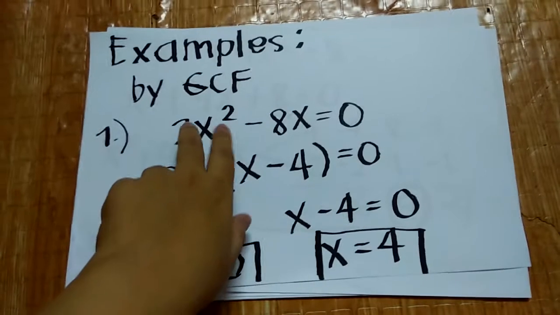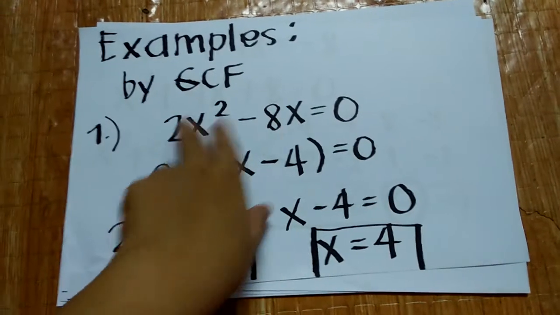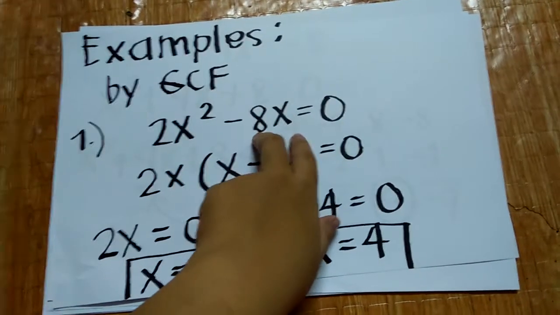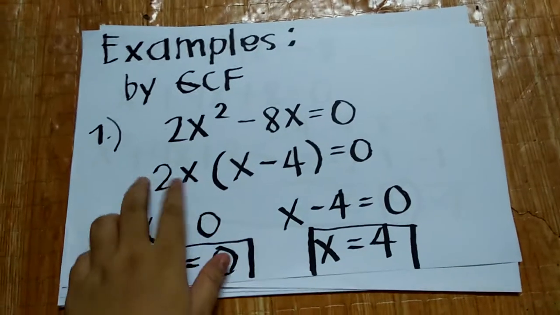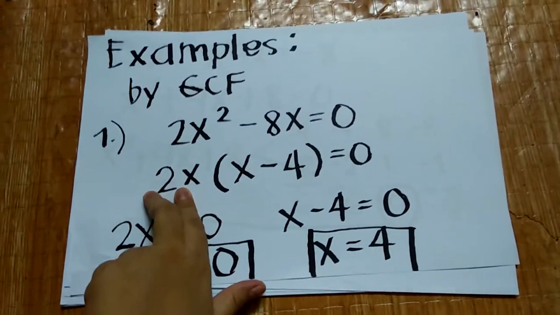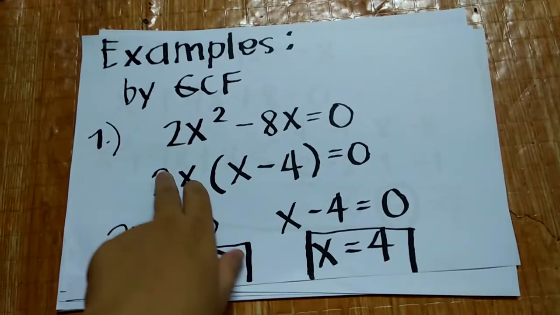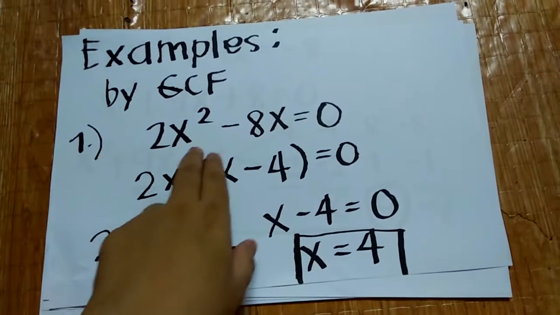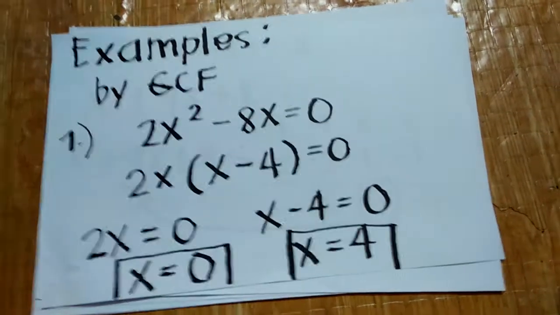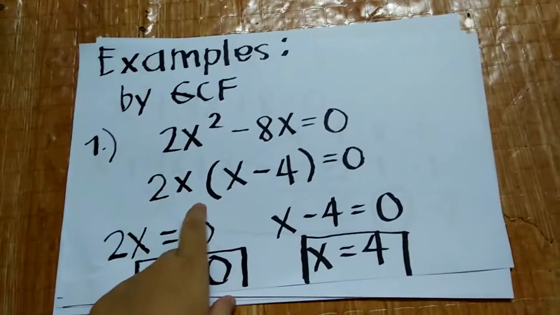So, paano ba yun? Isip tayo ng factor nitong 2x squared na meron din sa negative 8x. Ano nga ba yun? So, syempre, 2x. Okay? Kasi 2 is divisible by 2, negative 8 is divisible by 2. Then, ang factor ng x squared tsaka x, common factor niya is x.